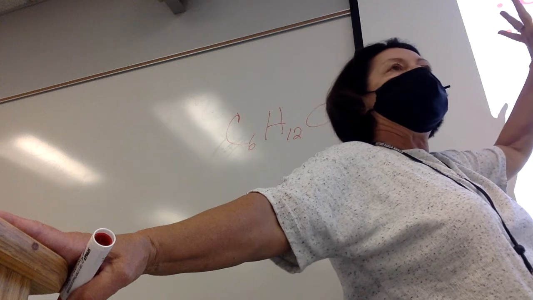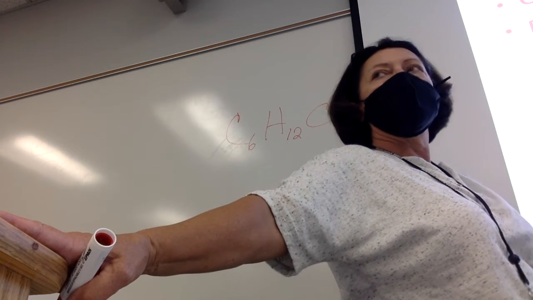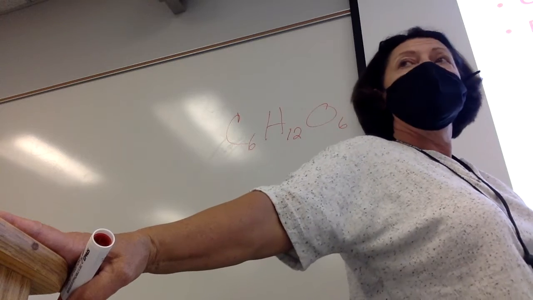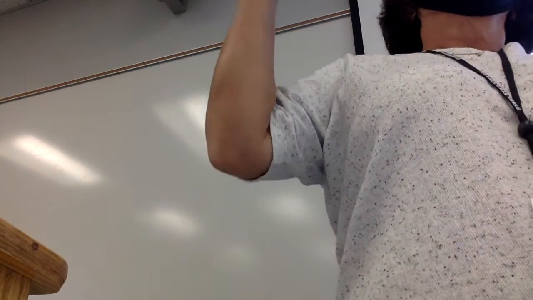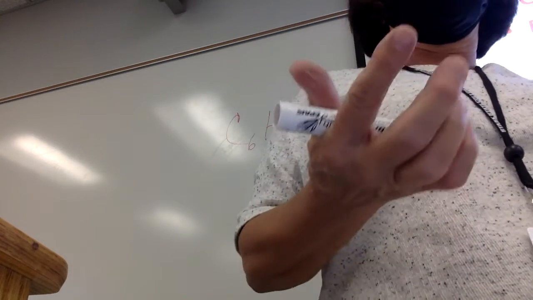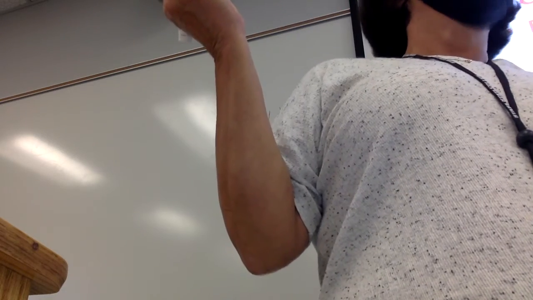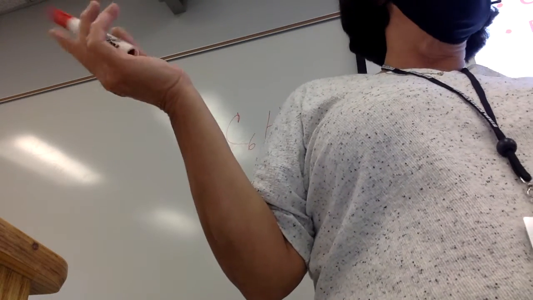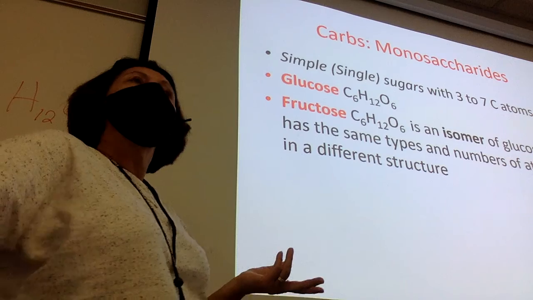We don't eat glucose. We don't eat fructose as it is. Remember, these are monomers. They're going to bond together to make more complex carbohydrates. Like, for instance, in a banana. Bananas are sweet, right?